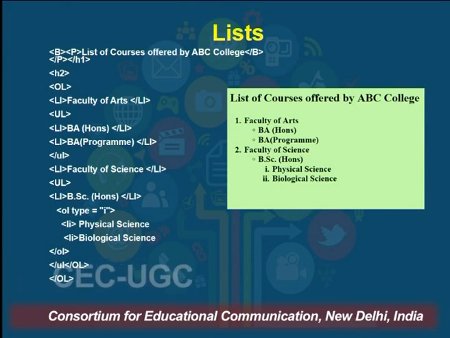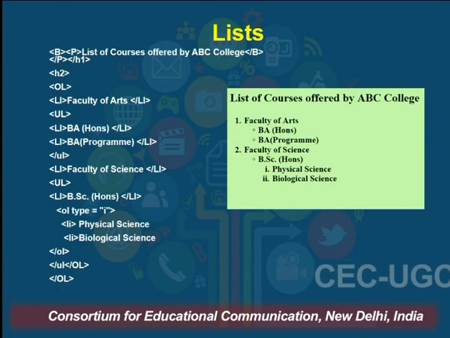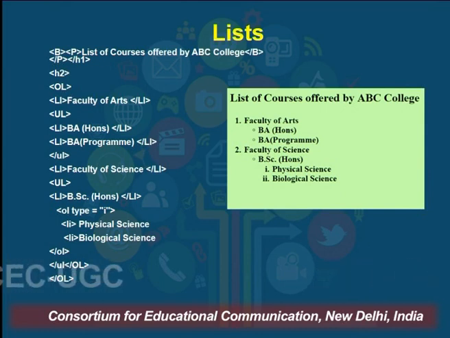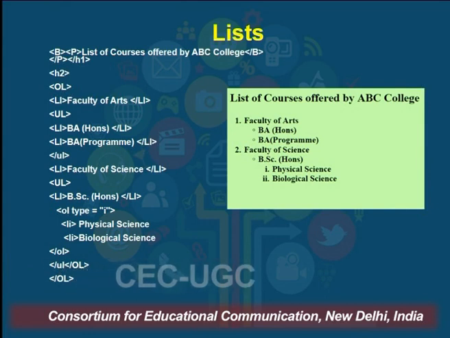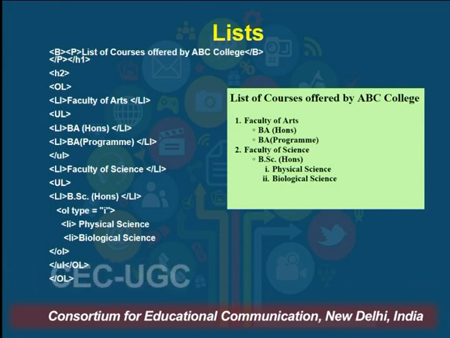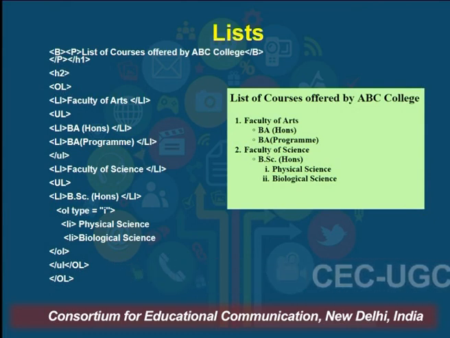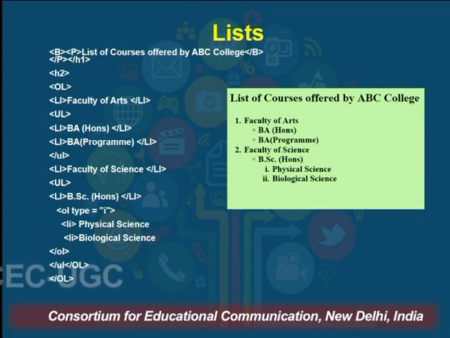So for example, this example shows you a type of nested list, where you see that in the first list you have numbers 1 and 2, and the first part, that is Faculty of Arts, further has 2 bullets, and likewise the other list in the Faculty of Science has got 3 levels of nesting. So this list can be created using levels of nesting, that is, one list becoming a part of the other list.